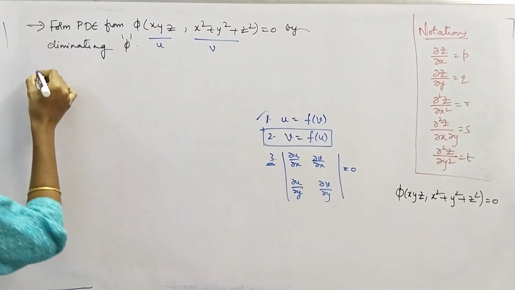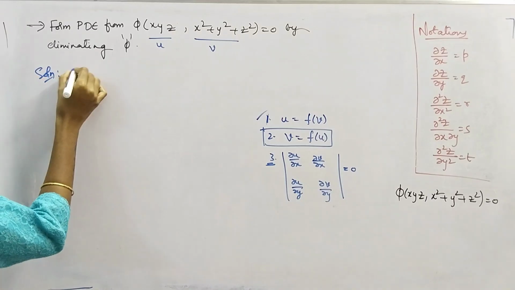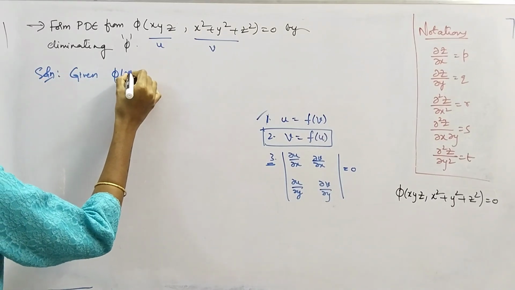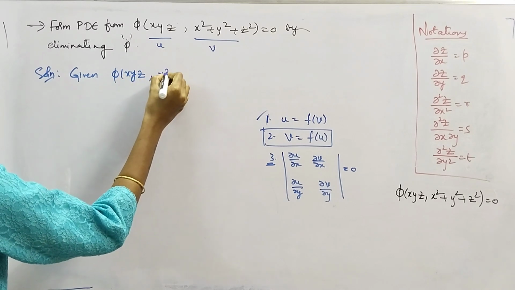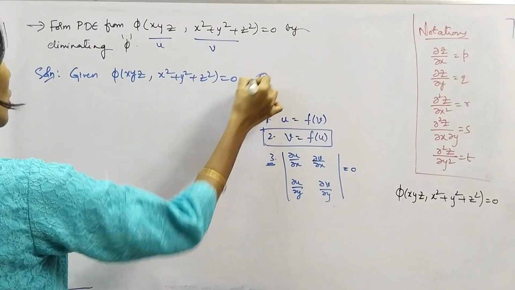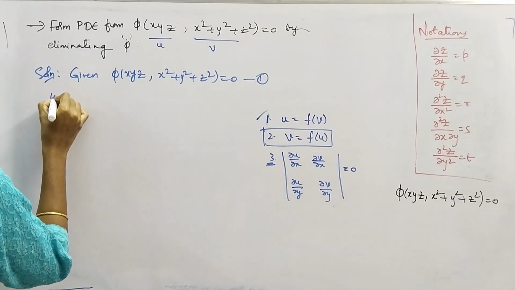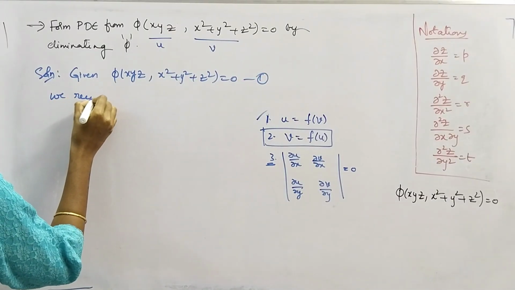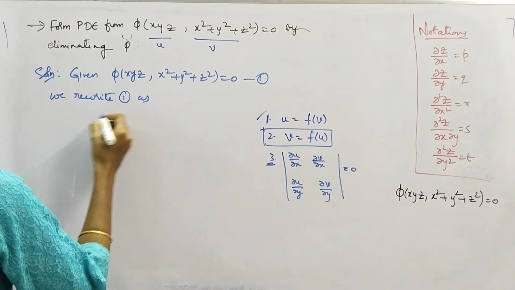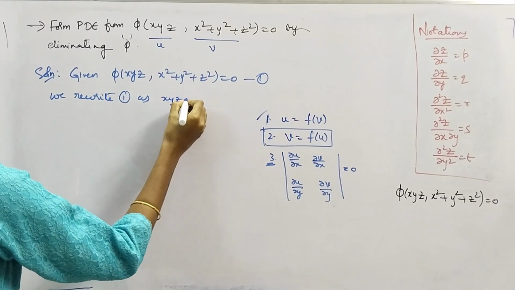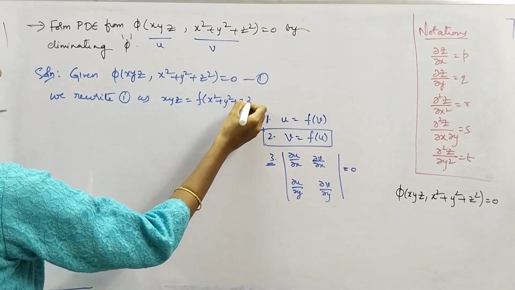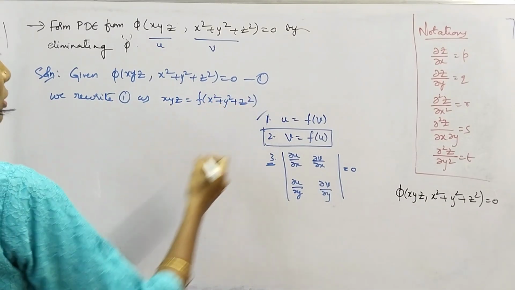Okay, fine. Given phi of xz, y, x square plus y square plus z square equal to 0, consider as equation number 1. Now we rewrite 1 as xz, y equal to f of x square plus y square plus z square, u equal to f of v.